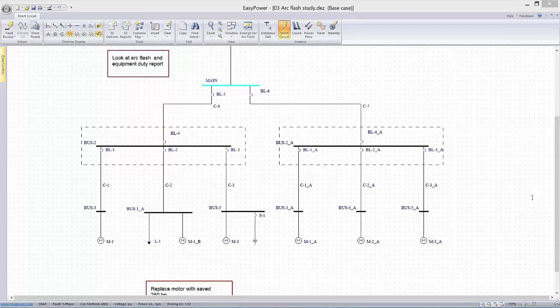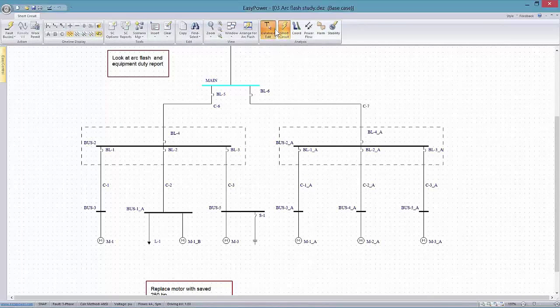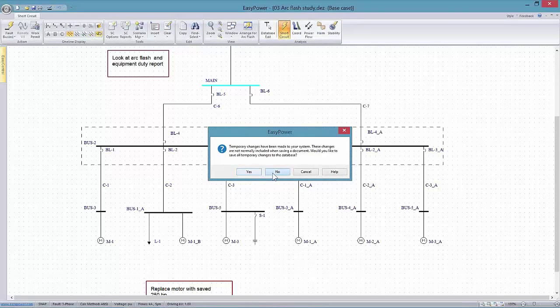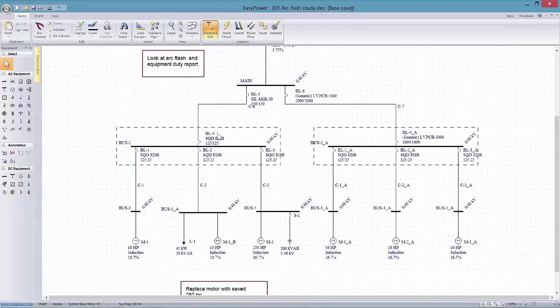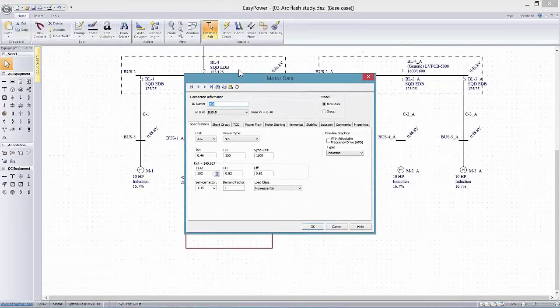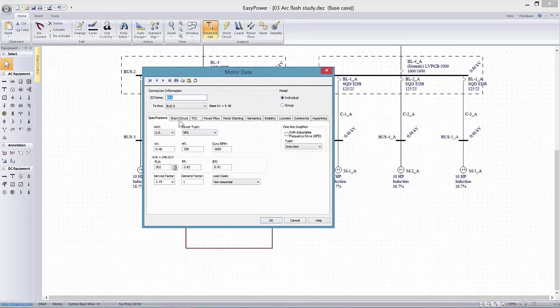Scaling and diversity, that's a good question. So the answer is no, it's not the same. And again, it depends on how you're describing diversity. When we go to design our system in database editor, we have the ability to describe certain loads with something called diversity.